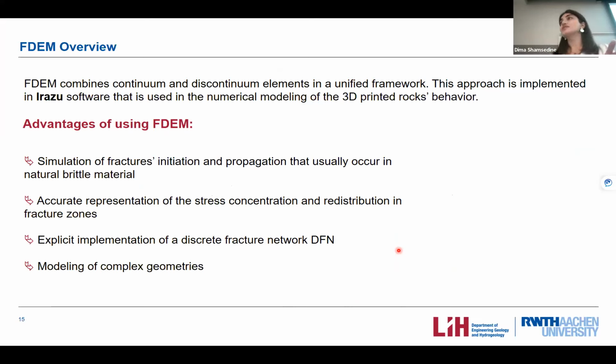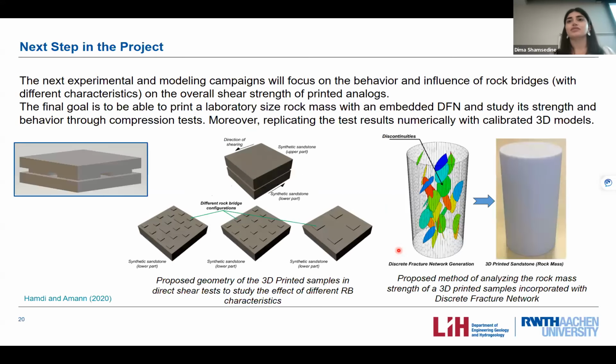But at the first stage, in the project proposal, there was a CT scan done on such type of rocks, in which we printed a non-persistent joint inside the rock, and we took this rock into the CT scan, and we saw the actual non-persistent joint inside the rock, which was a promising result for us.